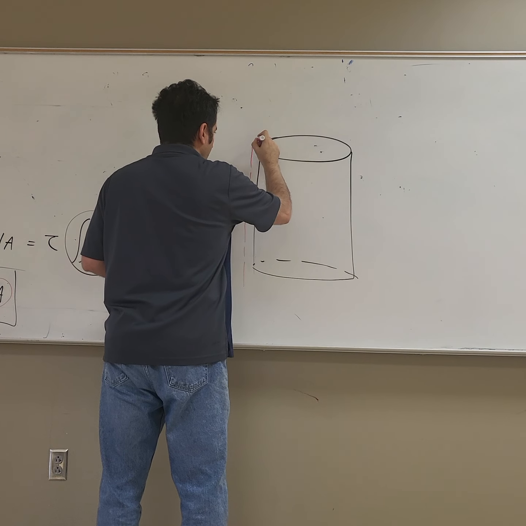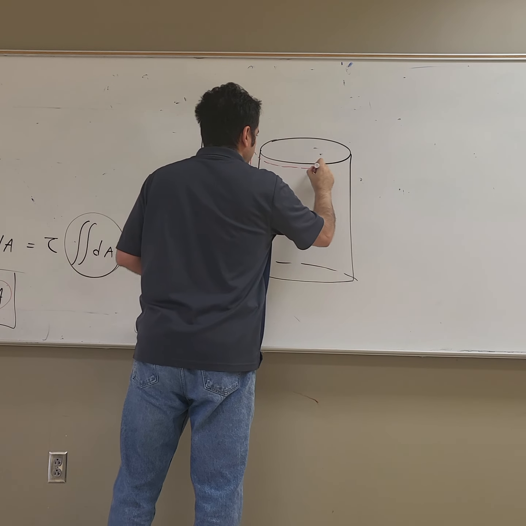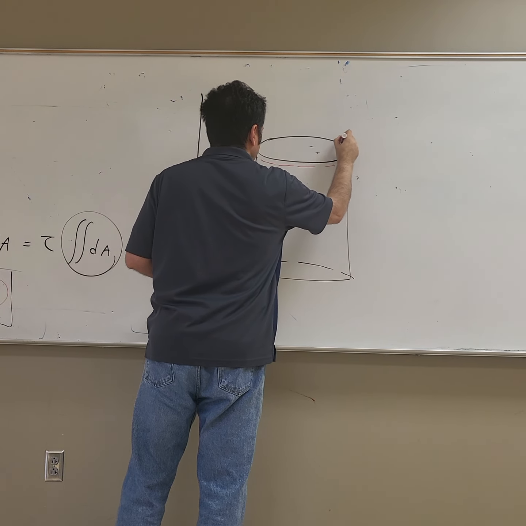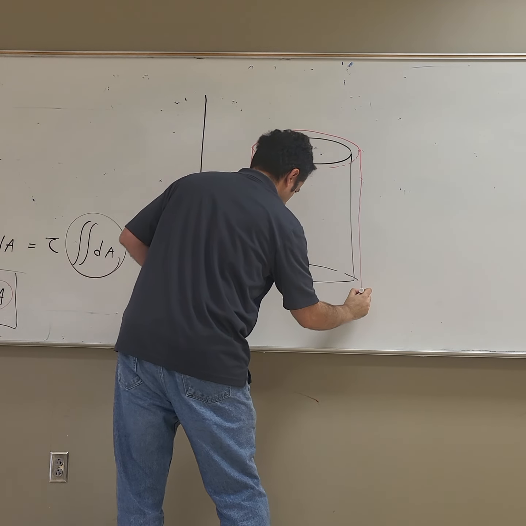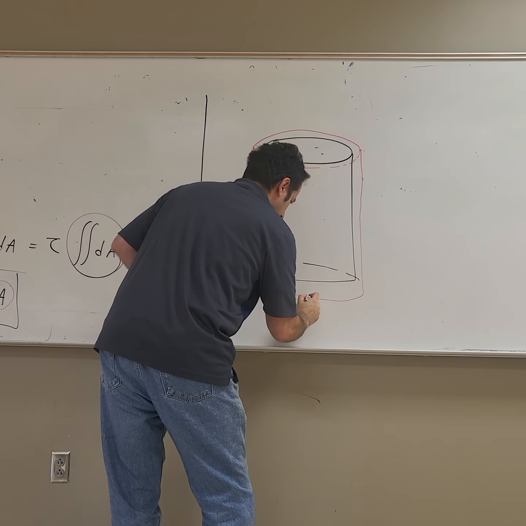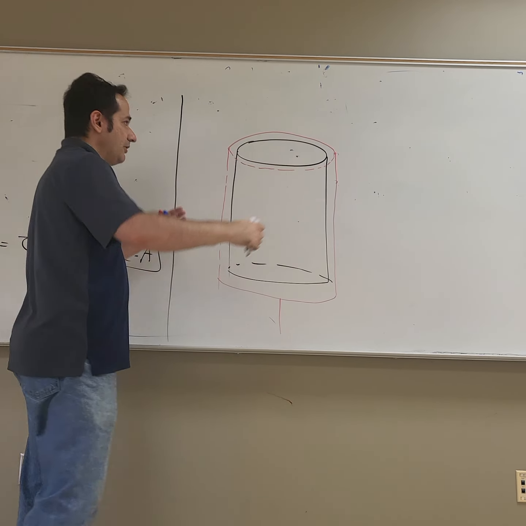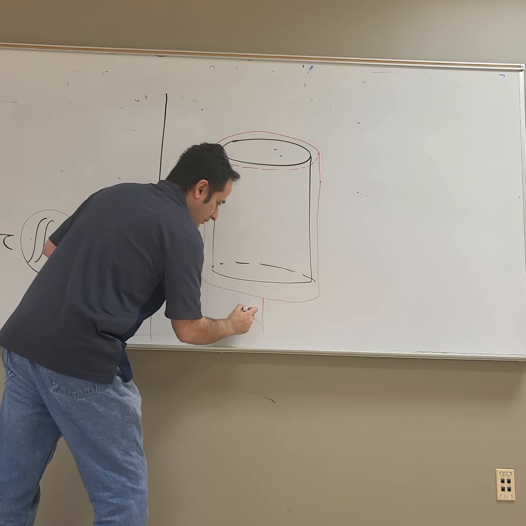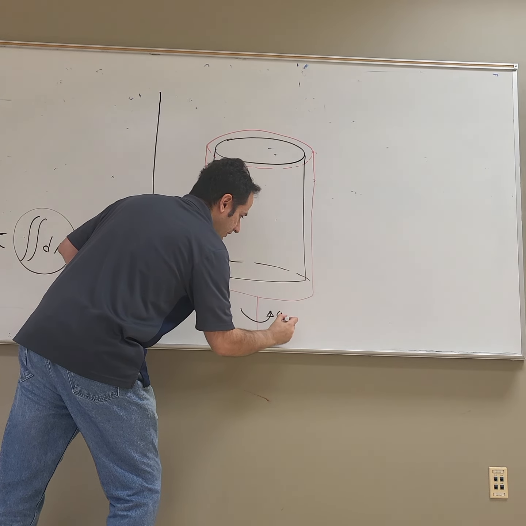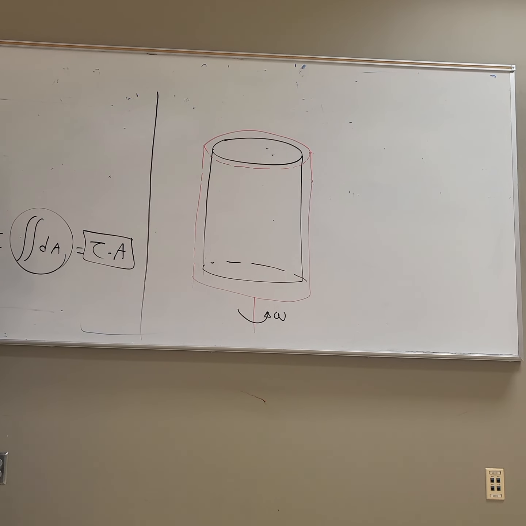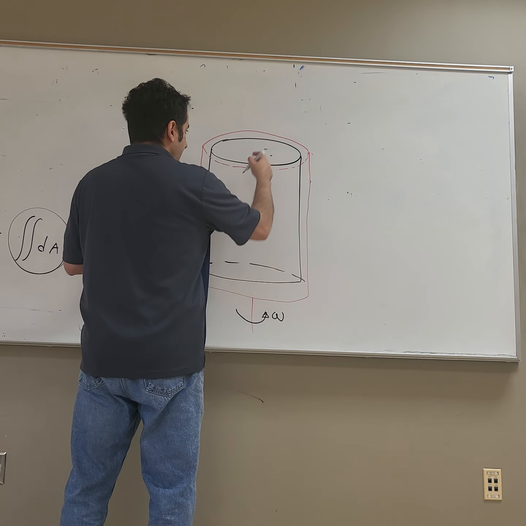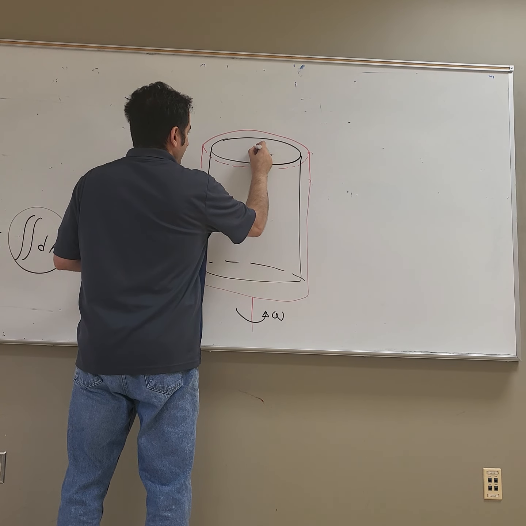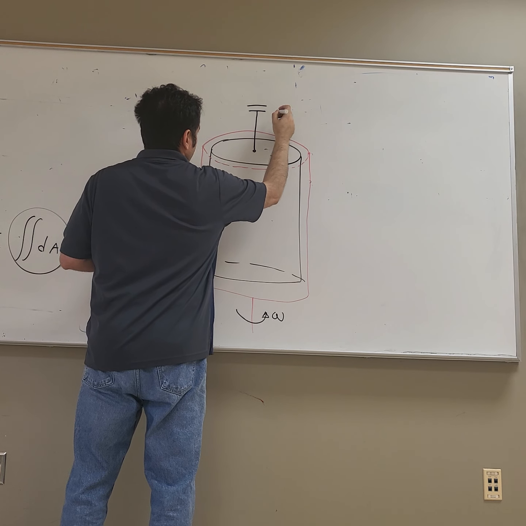So it is inside another cylinder, as you can see. There you go. So the outer cylinder is rotating with a constant omega, with a constant angular rotation. And the inside cylinder is fixed and is connected to a torque measure.